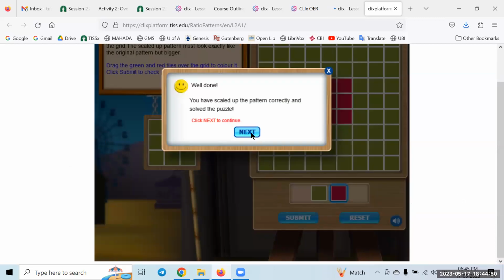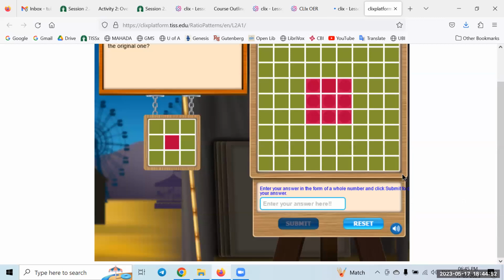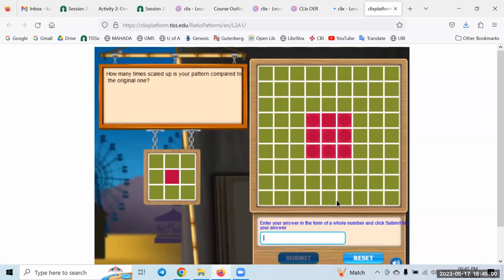Well done. Now enter your answer in the form of a whole number and click submit. The question is up there too: how many times is your pattern scaled up compared to the original one?